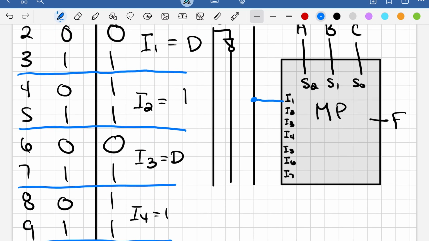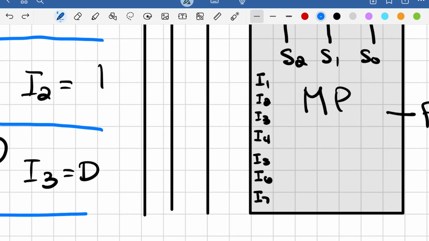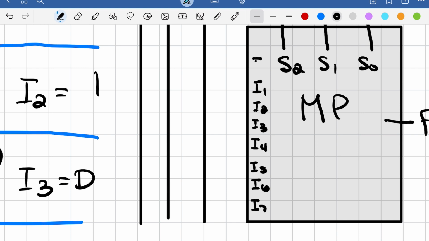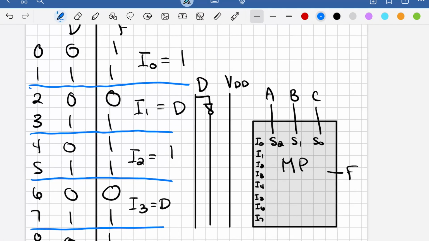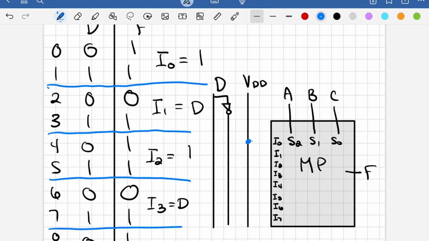I1 is D. I'm so sorry, I didn't write I0, so I need to do an I0. I0 is 1. Our I1 is D. Take my D, hop over, straight in. I2 is 1.